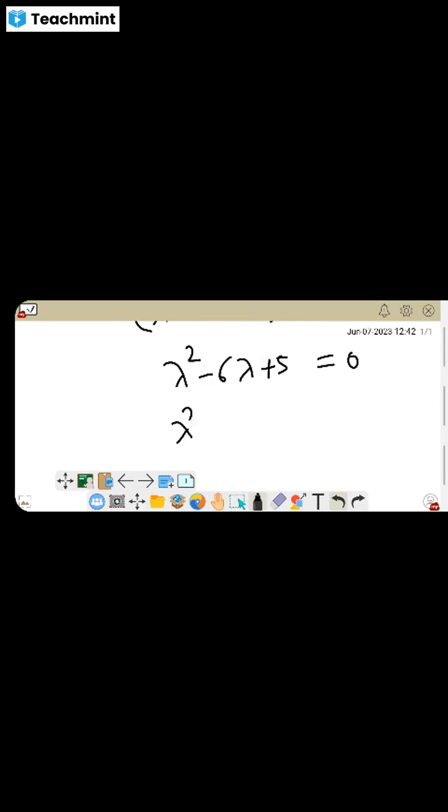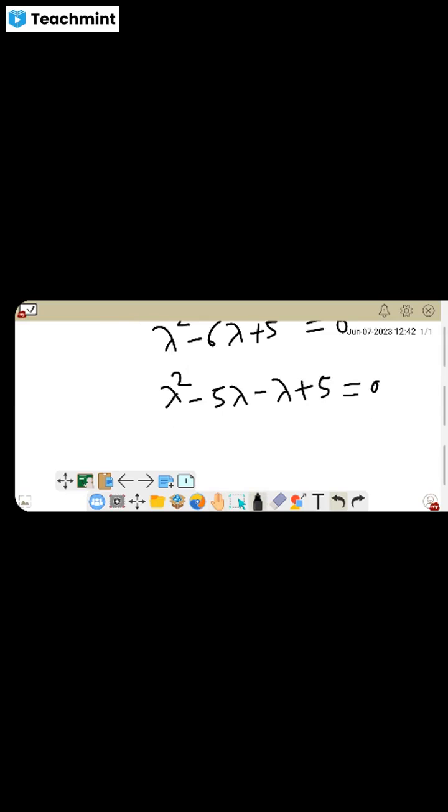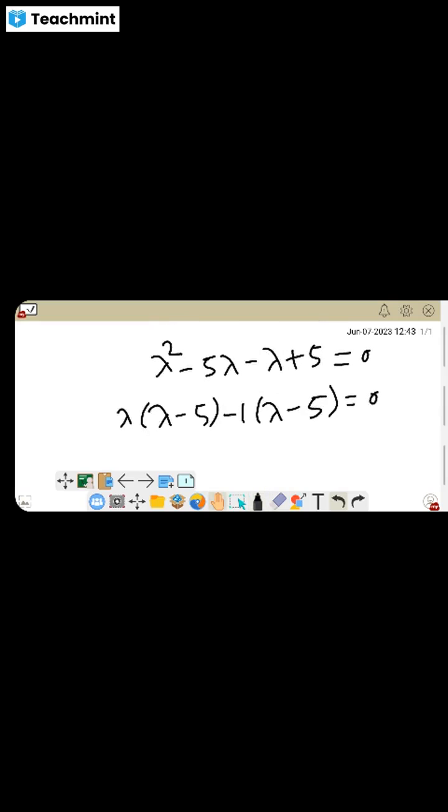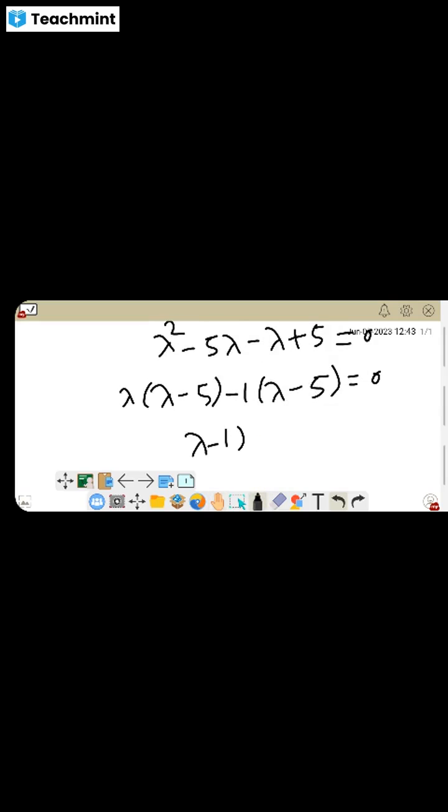Lambda square minus 5 lambda minus lambda plus 5 is equal to 0. By splitting the middle term, taking lambda common and minus 1 common, we have lambda minus 1 into lambda minus 5 is equal to 0.